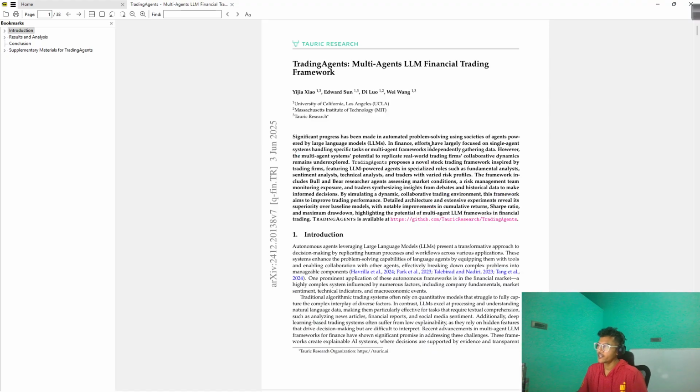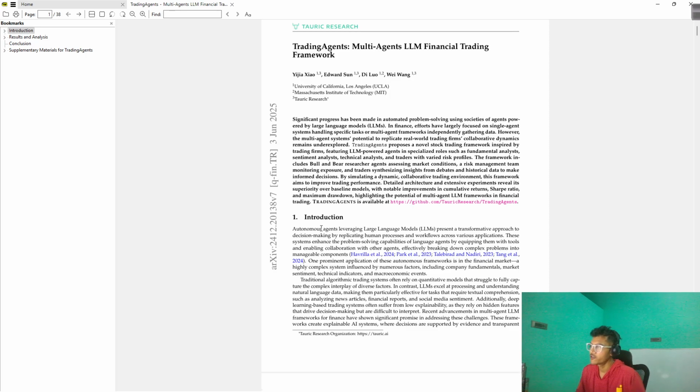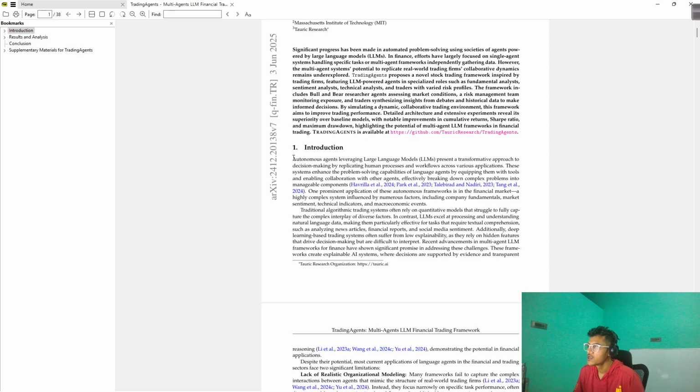So basically, let's continue. So introduction. Autonomous agents leveraging large language models present a transformative approach to decision making by replicating human processes and workflows across various applications. Right? Now, these systems enhance the problem solving capabilities of language agents by equipping them with tools and enabling collaboration with other agents.